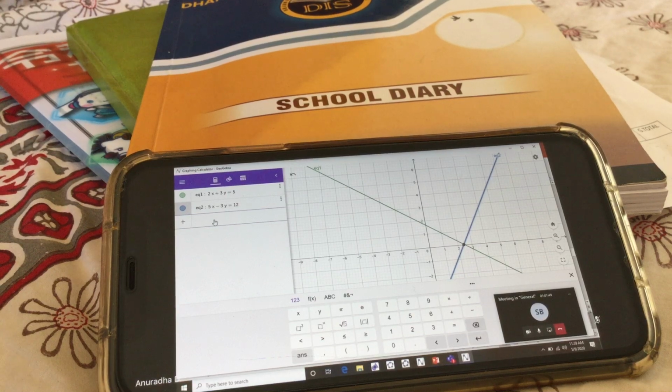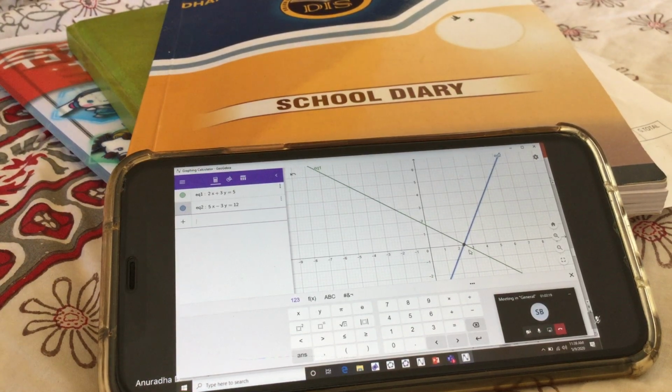Now what can the children do? The children can do research on the coefficients of x and y and the constants. So now it is your A1 and A2, your B1 and B2, C1 and C2. They can just tabulate their findings. So now they have two equations. This is A1 by A2, this is B1 by B2, this is C1 by C2.